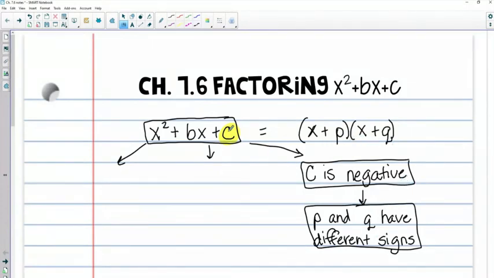Okay, but if C is positive, then there's two ways that this could go. Let's say C is positive, and let's say B is also positive, then guess what our answer is going to look like?